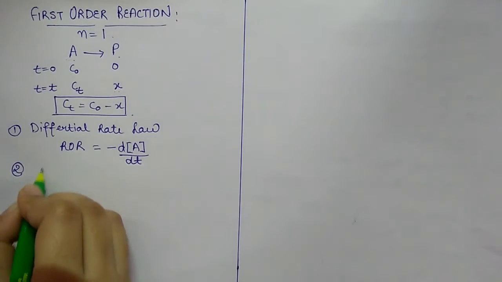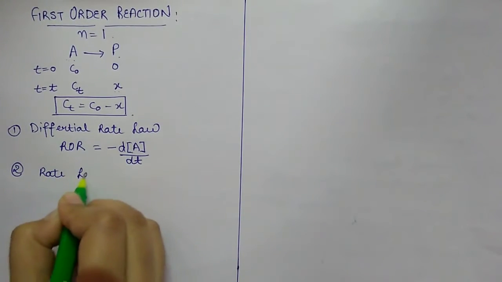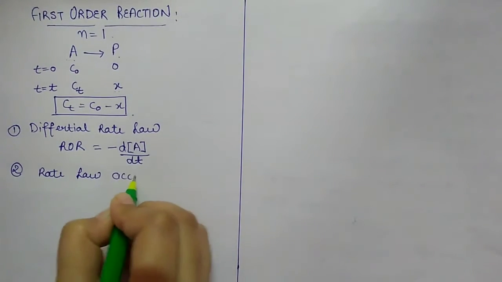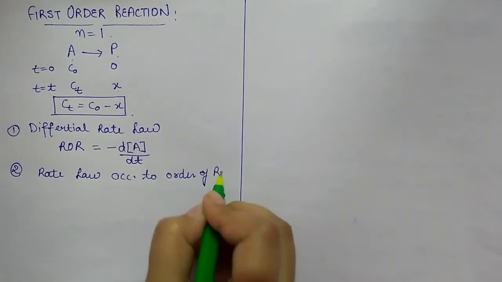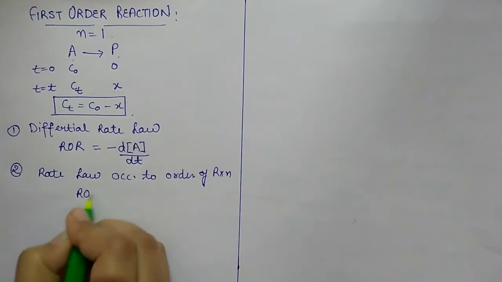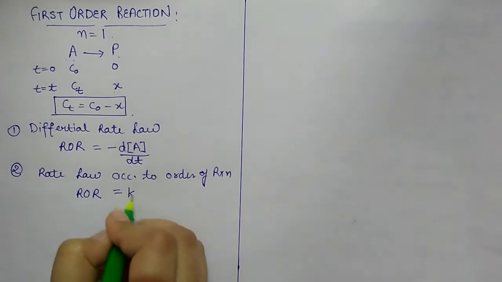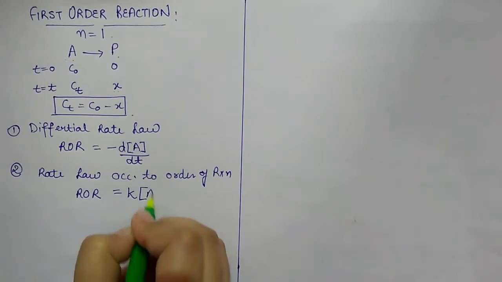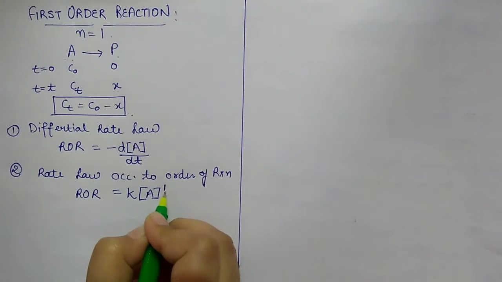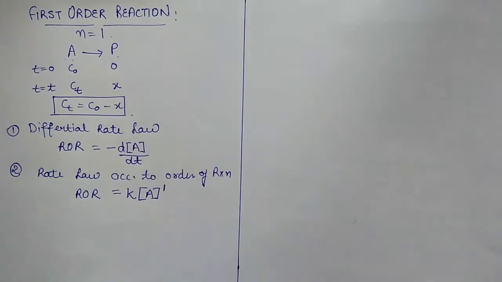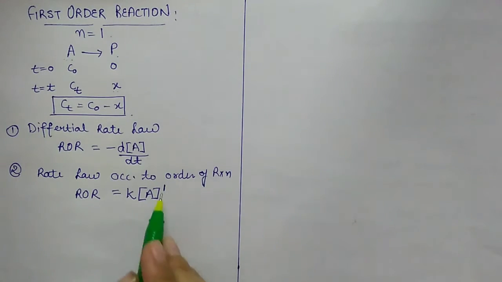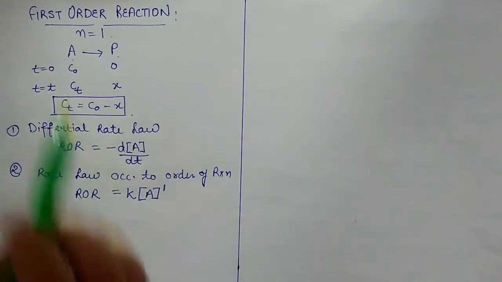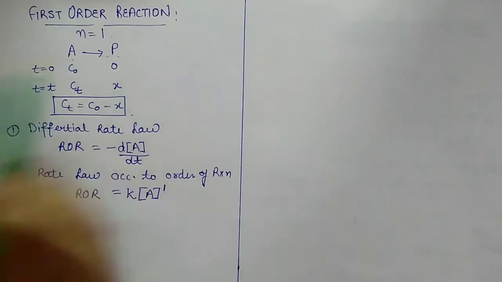Okay, so the rate law according to the order of reaction will be: rate of reaction is equal to K, that is the rate constant, times the concentration of A raised to power 1. Here 1 is the order of reaction and this order of reaction has nothing to do with the stoichiometric coefficients.